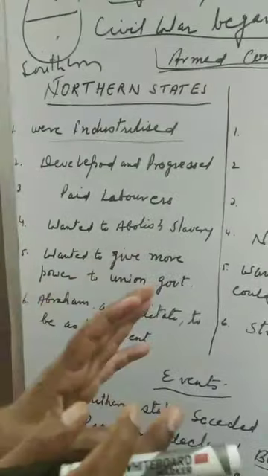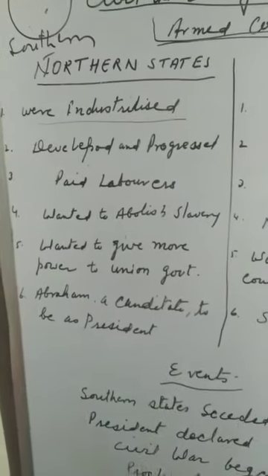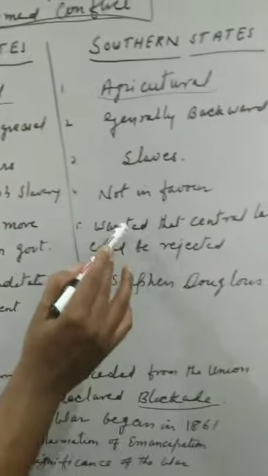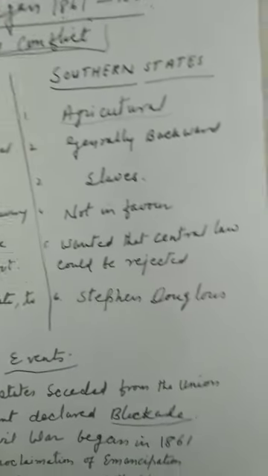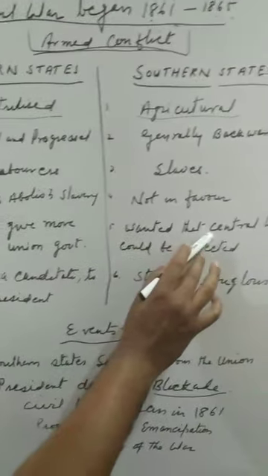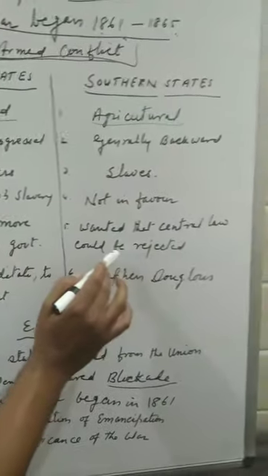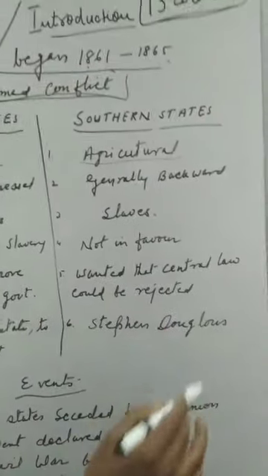Yes, it is the union that has more power than the states. Whereas southern states wanted that central law could be rejected. If the union government makes a law, they wanted that states could reject the law made by the union.